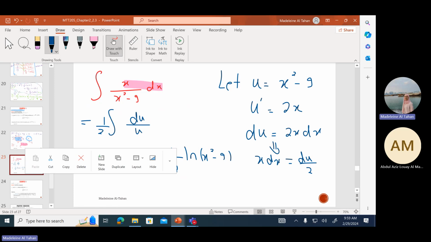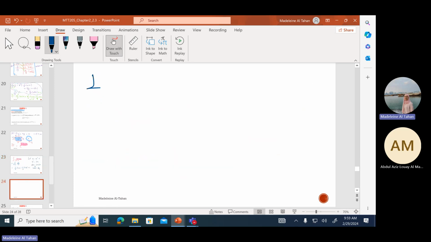Okay, now write your integrating factor. Integrating factor is equal to e power ln half ln x squared minus 9, right, miss? Half without integral. Okay, we got this one. The half that is outside, where would we put it, miss? E down.